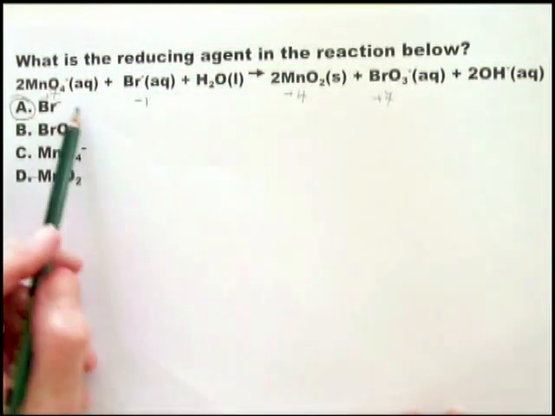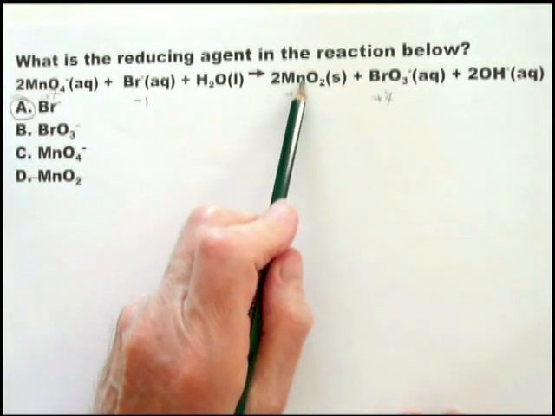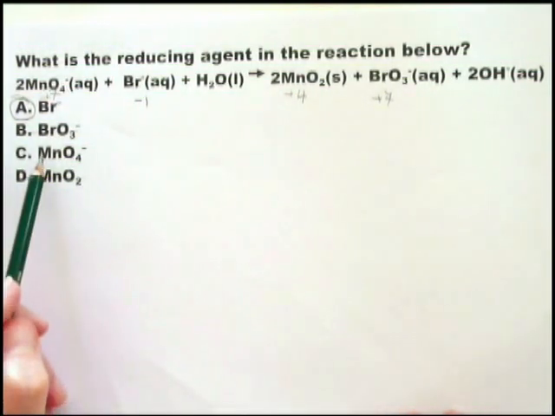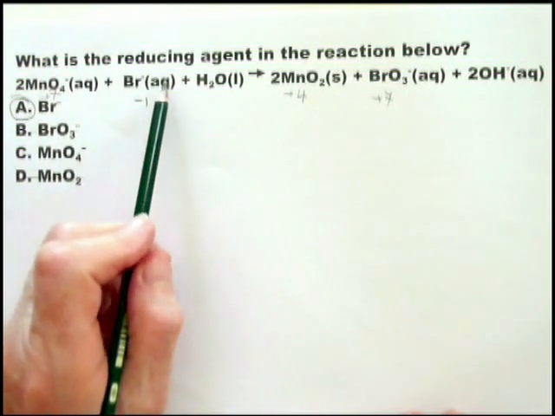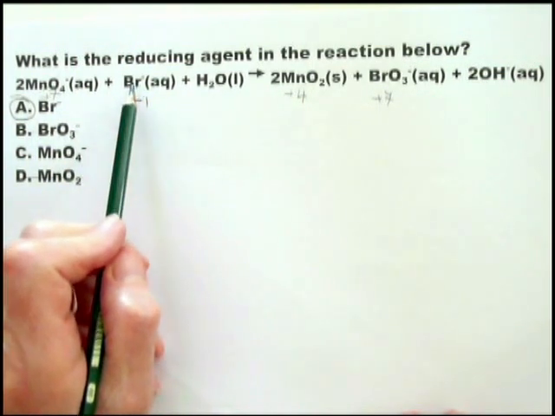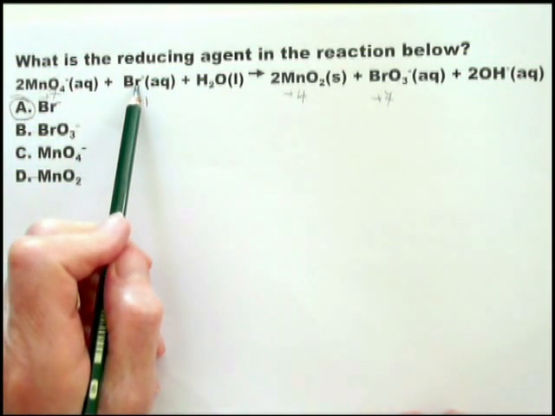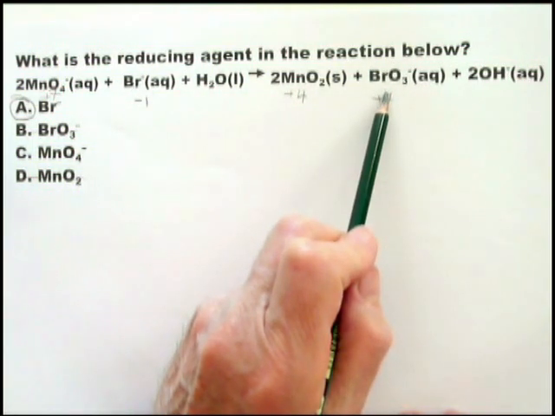So what is the reducing agent? Br- is reducing that from manganese +7 to manganese +4. But as I said, eliminate those on the right, look at only those on the left, and choose the easiest one to decide on. I chose this one initially because I saw immediately this has an oxidation number of -1, and this would have an oxidation number much greater.